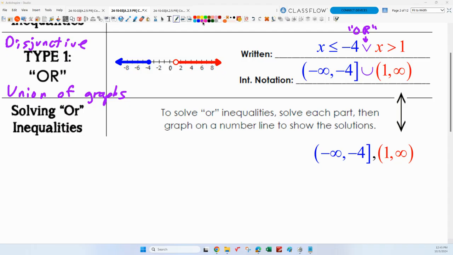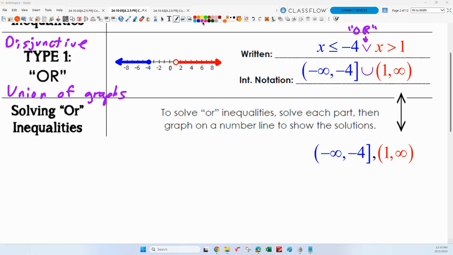X is greater than 1, well, that would give us an open endpoint because it does not include an equal sign, and we want the values greater than, or to the right of, 1. The or inequality just graphs everything. You just add all the graphs together, so both of those combined is our or inequality graphed.